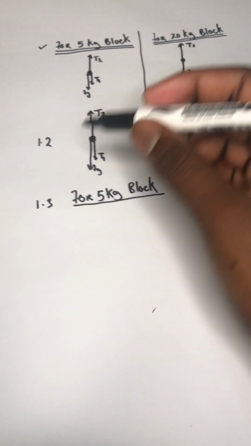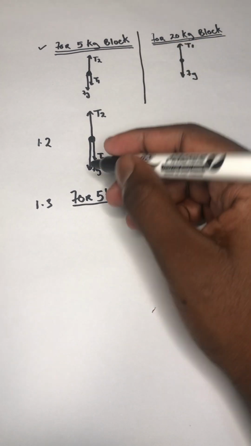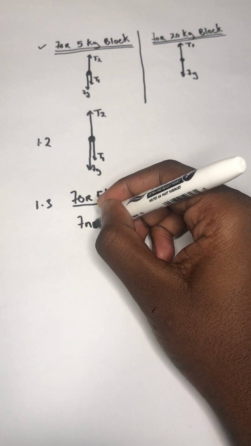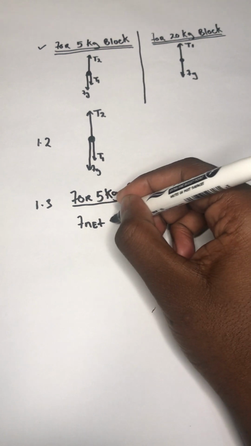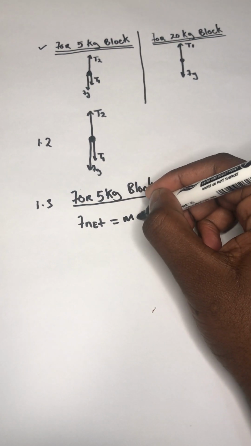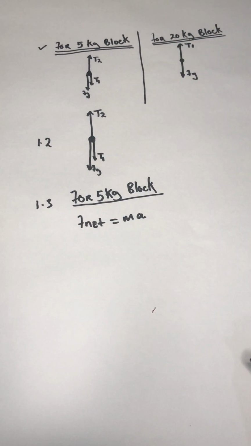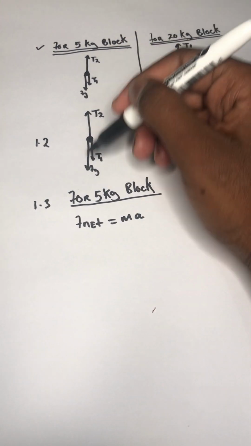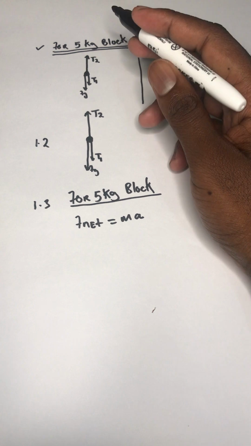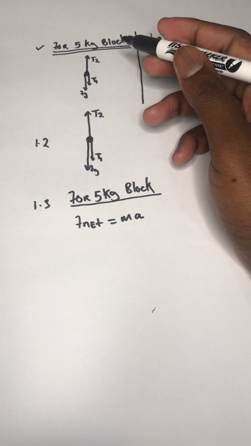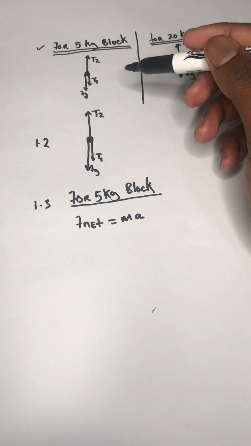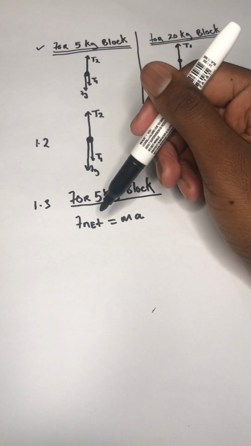For the 5 kg block, we have T2. Let's say F net is equal to ma. Notice that F net is not equal to 0 for the vertical forces, because the object moves either upward or downward. We do not have forces parallel or perpendicular to a surface.